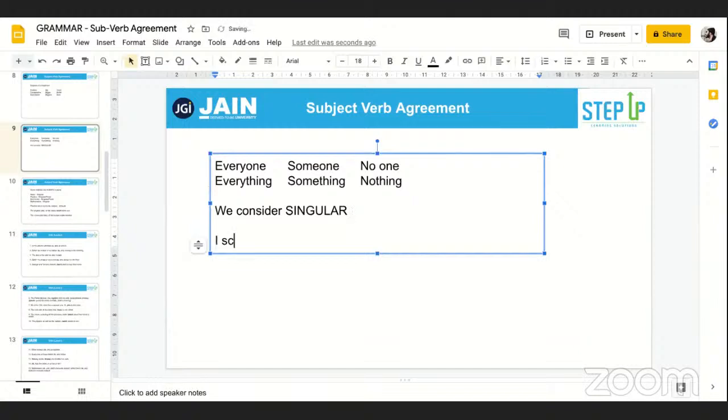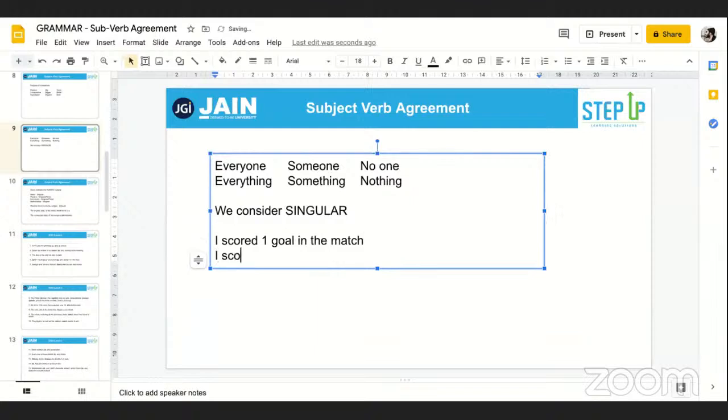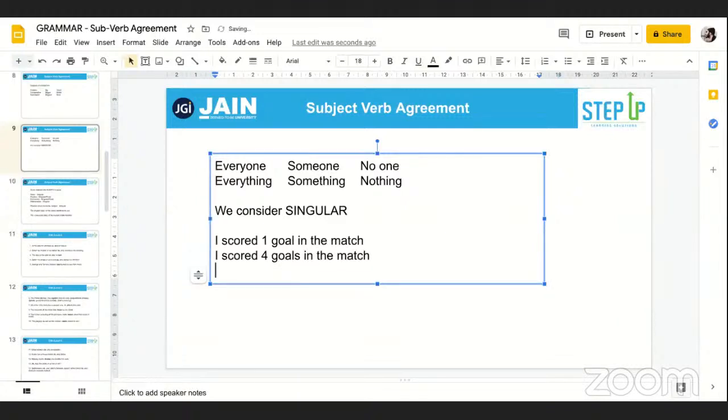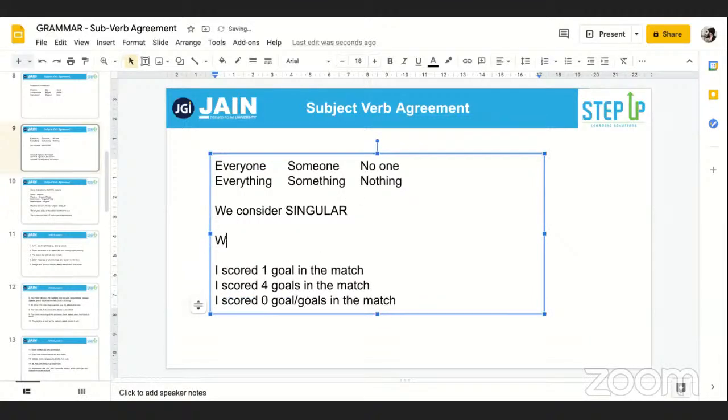For example, I scored 1 goal in the match. Tell me, what's the answer? The answer is goals.